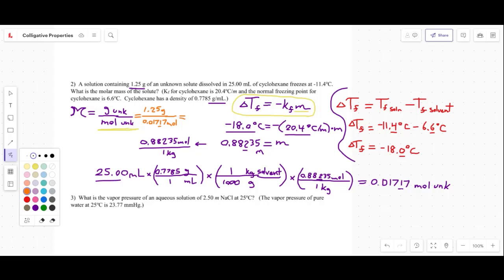Let's see, for me, I got about 72.8. There you go. Excellent. 72.8 grams per mole. So if you can do that and understand it pretty well, you are locked and ready for that lab on freezing point depression, which is coming up.